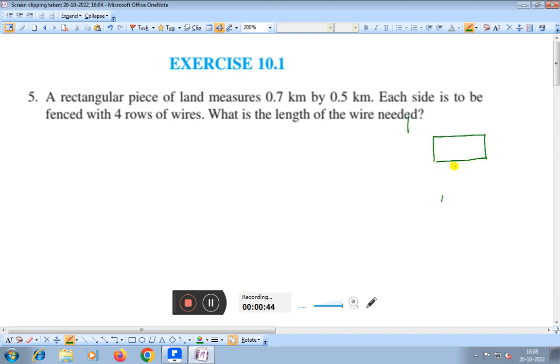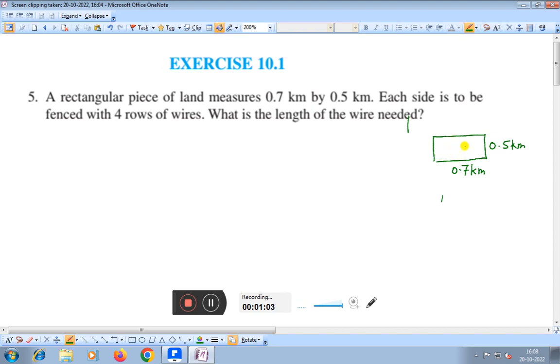Length is 0.7 kilometer, and breadth is 0.5 kilometer, right? We have to fence this rectangular piece of land with 4 rows of wires.